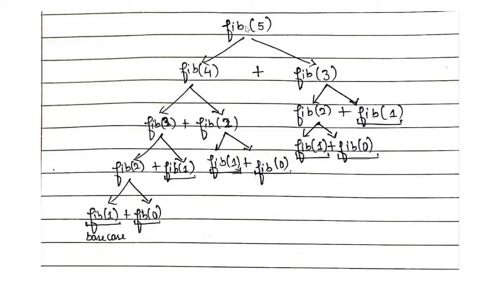So if we could solve all the problems present in this path of the recursive tree, there was no need to solve all these other subproblems. That's what we did in the case of memoization, and that's what we did in the case of tabulation. So the more overlapping subproblems we have, the more efficient our solution becomes.